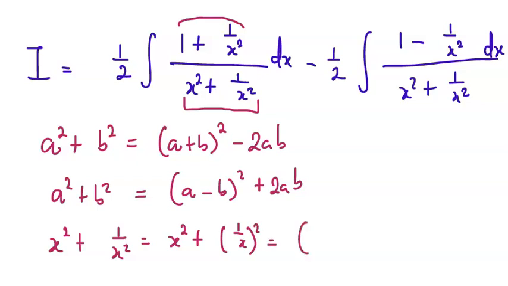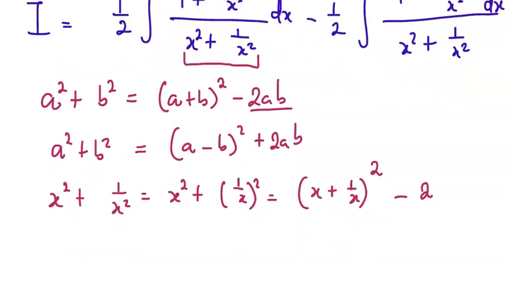So expressing that, we get x plus 1 over x whole squared, right? Then minus 2ab, as we can see here, is going to be minus 2 times x times 1 over x, which is leaving us with only negative 2, right?